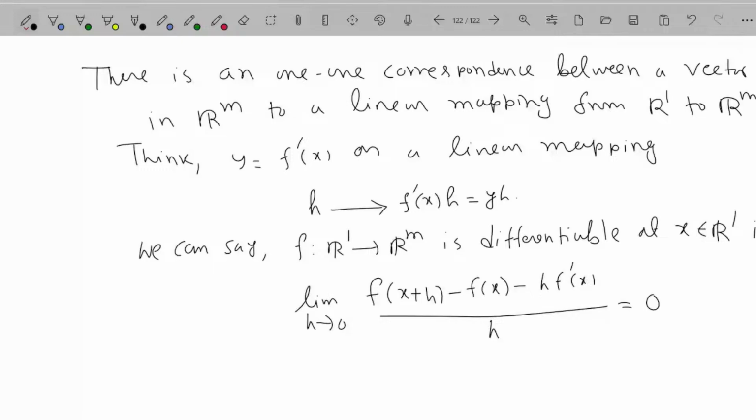If this limit exists, we say that the function is differentiable at the point x, and the derivative of the function is the linear operator f dash x. So now our f dash x is nothing but a linear mapping from R1 to Rm.